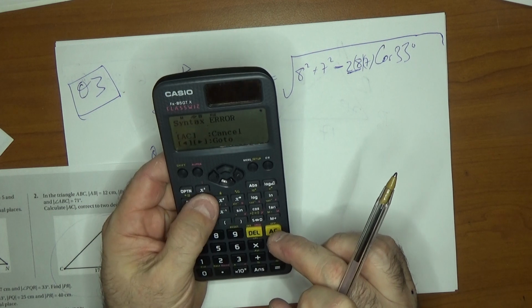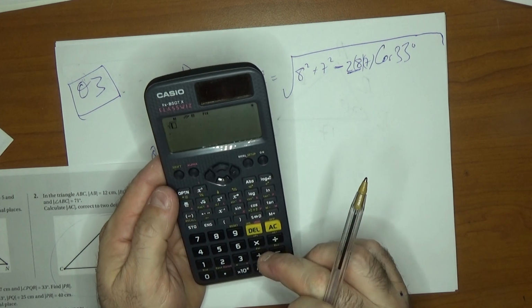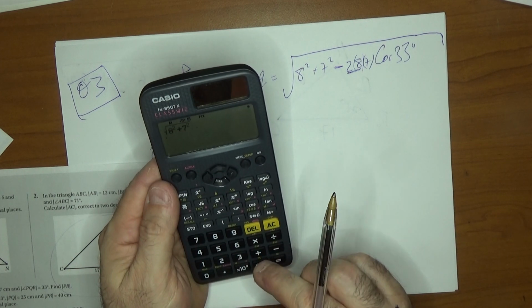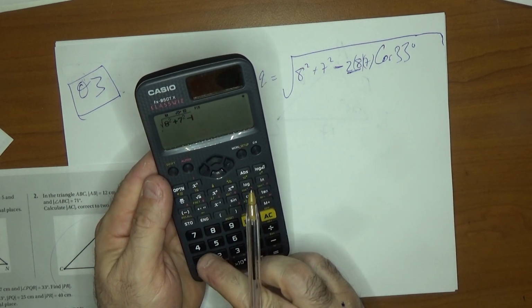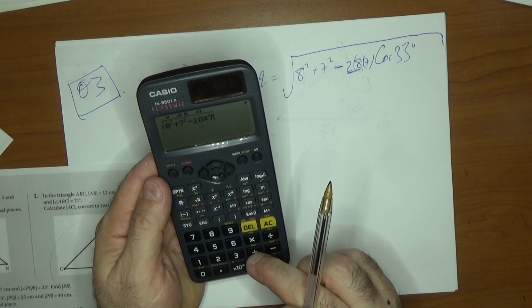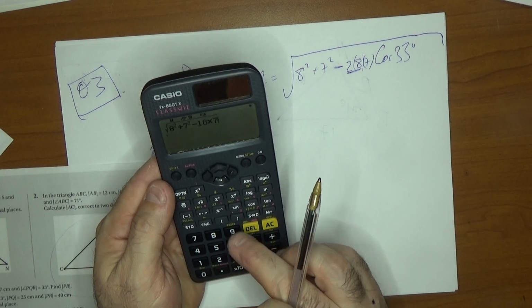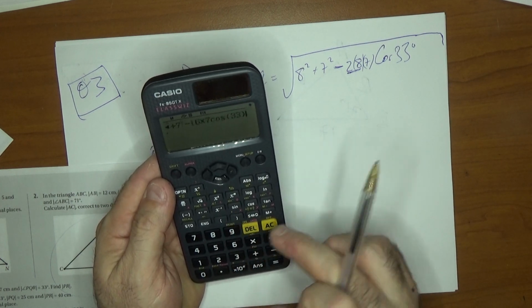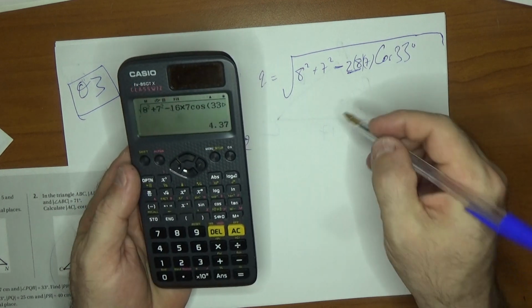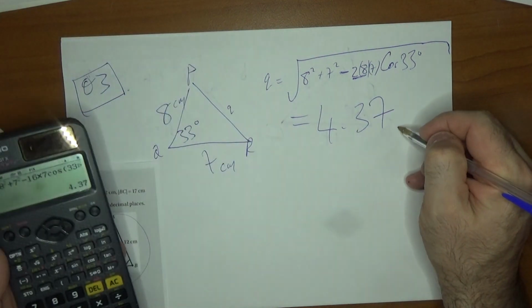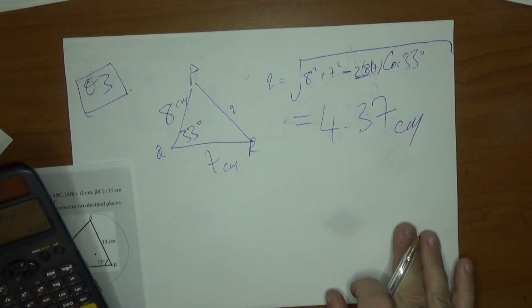Square root of 8 squared plus 7 squared minus 16 by 7. What did I do last time? I didn't close it. But yeah, I'm okay with putting the cos there. I just didn't close the argument bracket. So there's your argument bracket closed. And we get equals 4.37. Remember, it's in centimeters.